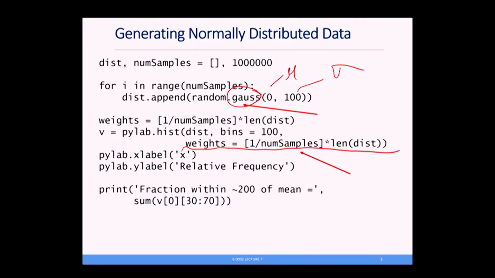What I've said is I've created a list, and I want to say for each of the bins, in this case, I'm going to weight each of them the same way. The weight is going to be 1 over the number of samples. I'm multiplying it by the len of dist. That will be how many items I have, and that will tell me how much each one is being weighted.